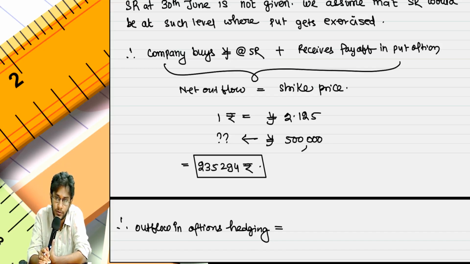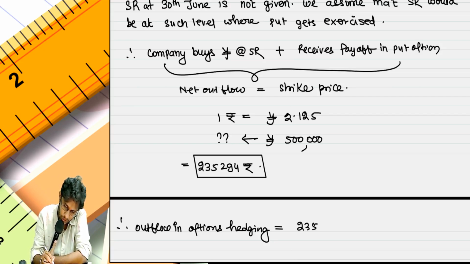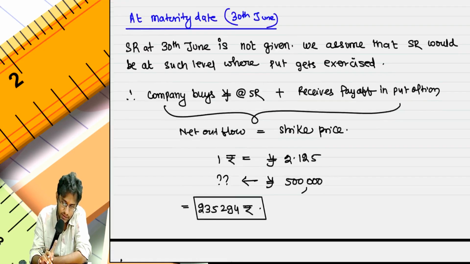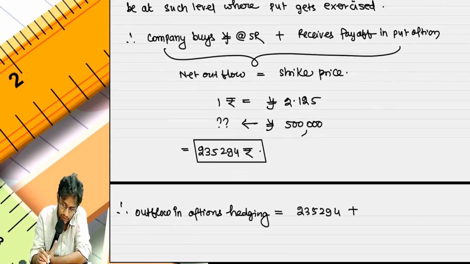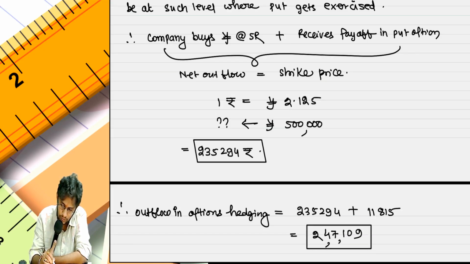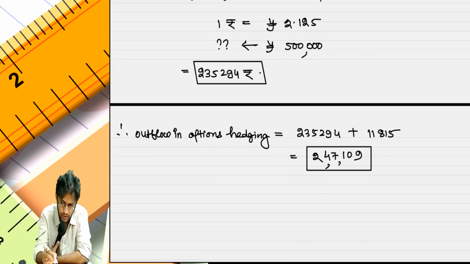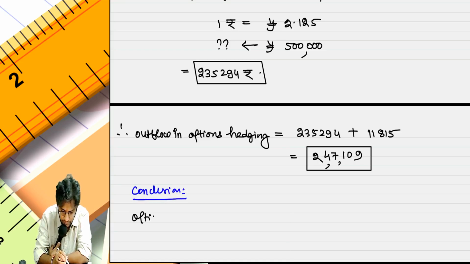Therefore, outflow in options hedging is equal to 235,294 plus 11,815. Total this. Obviously, time value is ignored there. Write the conclusion, which is best. Option hedging is to be selected.